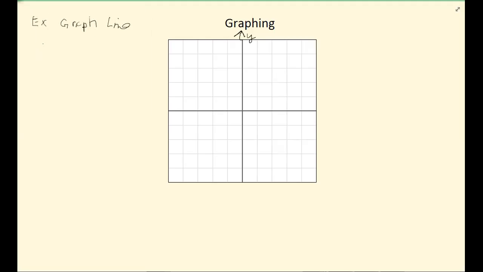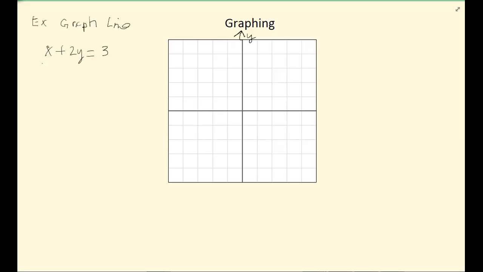We call it a line because it turns out that for equations in this form, when you graph the solution set, which is an infinite number of ordered pairs, it looks like a straight line when you put it in the xy plane.